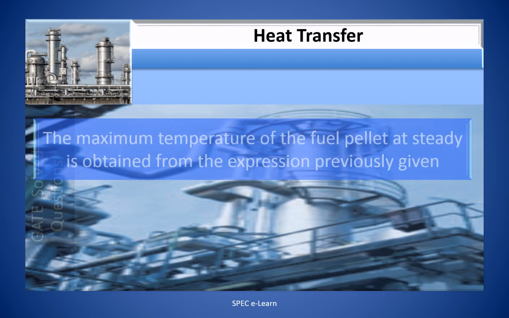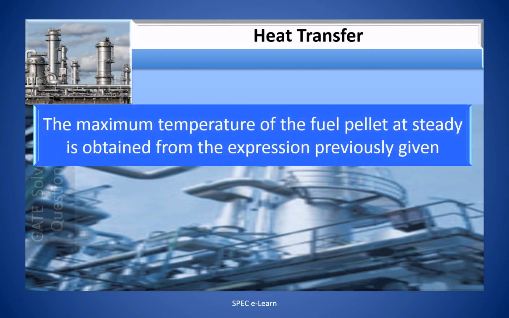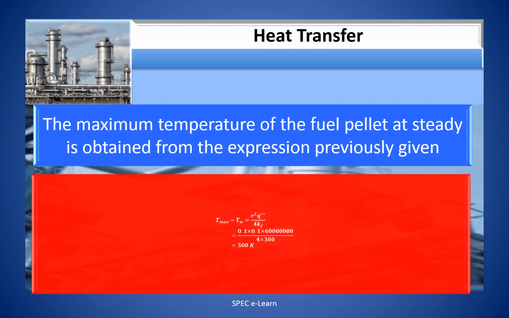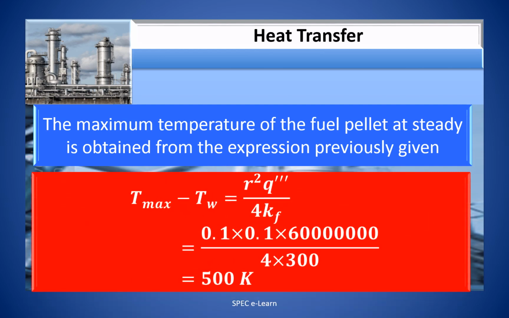The maximum temperature of the fuel pellet at steady state is obtained from the expression which is previously given. Tmax minus Tw equal to R squared times Q triple dash divided by 4 Kf. On substituting, we get Tmax minus Tw equals 500 degree Kelvin.